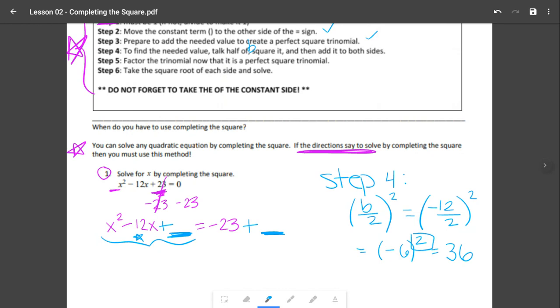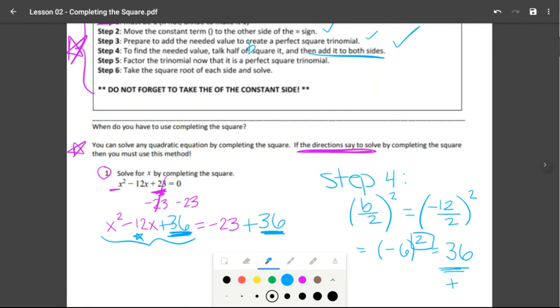Because of the squaring in this step, all of these numbers should always be positive. So now that we have it, we are going to add it to both sides. All right, done with step 4.